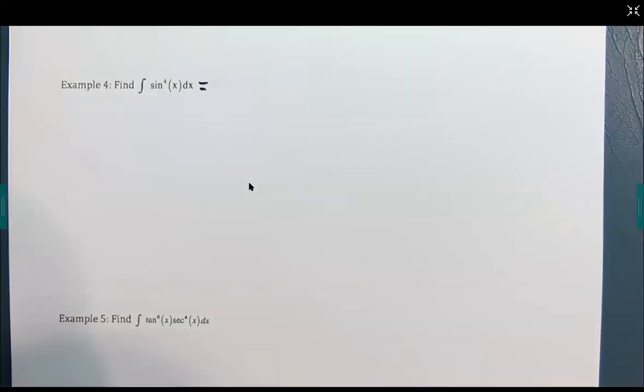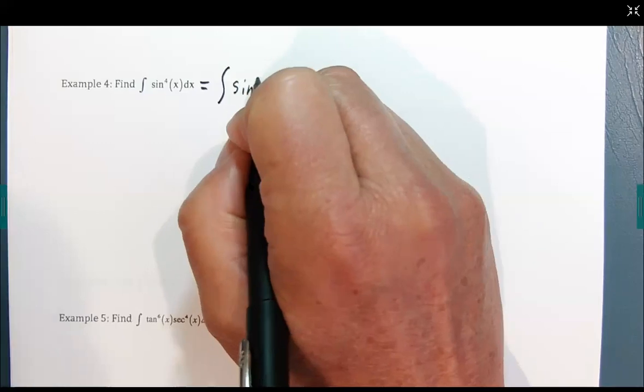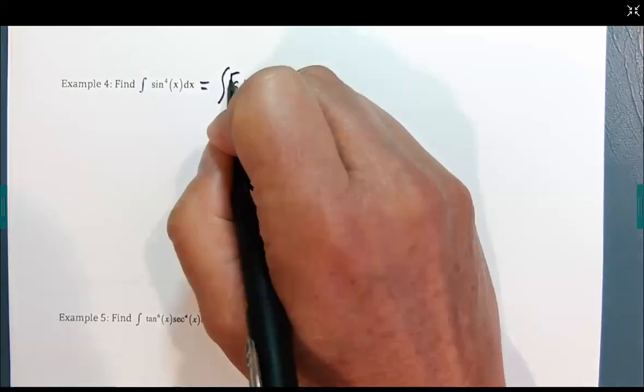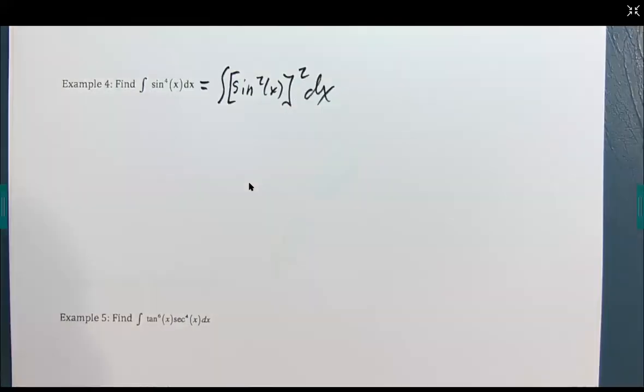One of them is with the Pythagorean identity, and the other one is with the half angle identity. We're going to use that one here first. So I'll just rewrite it. I did the previous thing in the other problem, but instead of doing 1 minus cosine squared x, that's not going to help me in this case. I'm going to use the half angle identity.